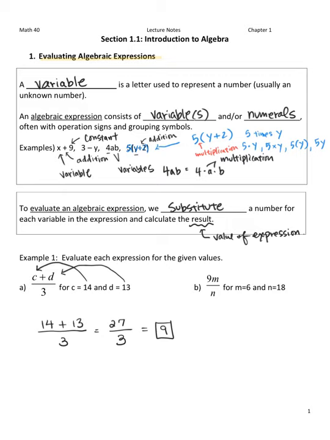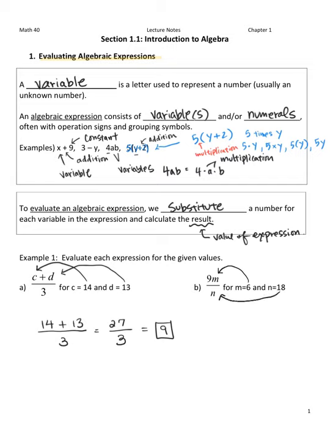All right, so for B, you can pause the video and try it on your own and come back to check your answer, or you can keep watching. All right, so 9m over n. So 9m divided by n, for m equals 6 and n equals 18. So I'm going to substitute 6 for m and 18 for n.